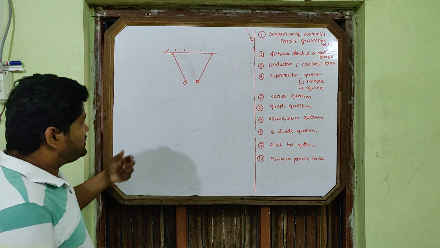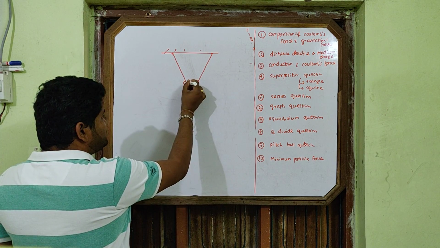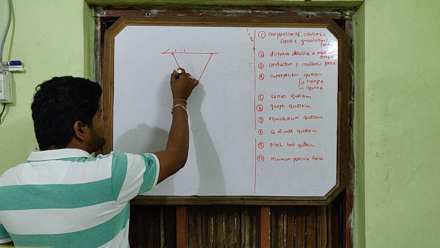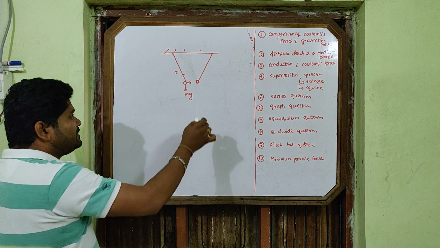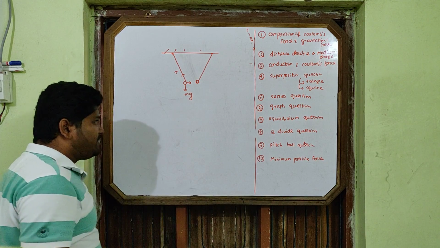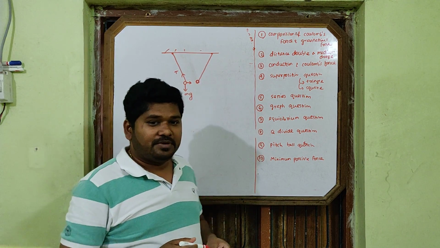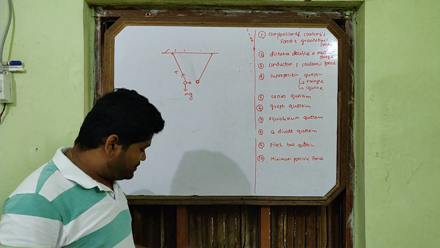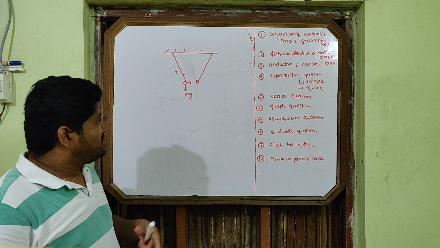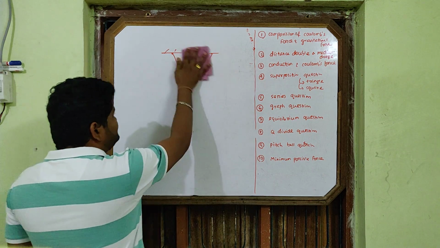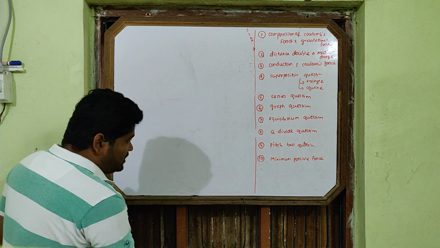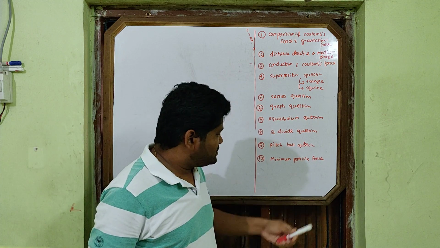Force will be in this direction, tension will be in this direction, and mg will be in this direction. Then you take the angle theta and proceed just like the previous question. If you understand the concept of the previous question, you can solve this one now.